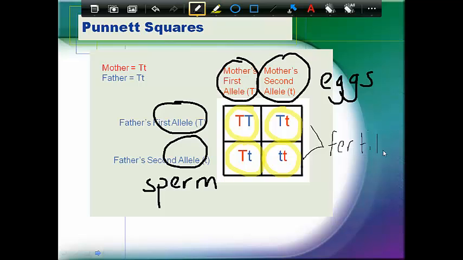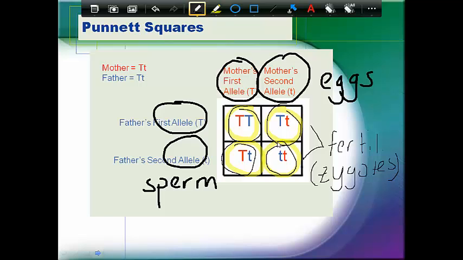And when the egg and the sperm come together in a fertilization event, we call that resulting structure a zygote. So these are the 4 possible zygotes, or the 4 possible results of fertilization.